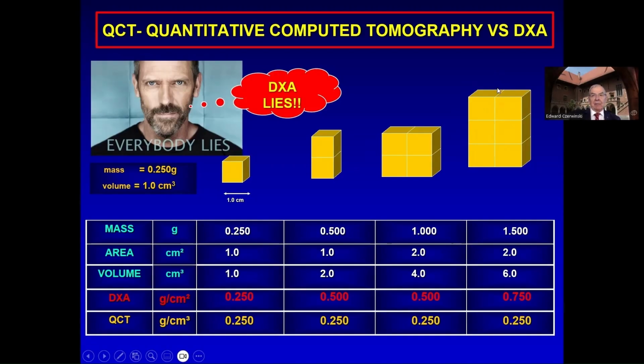If you have a patient with very thick bones, QCT will tell you that a cubic centimeter of this thick bone weighs not 250, but DEXA will tell you, oh, no, it's 750.